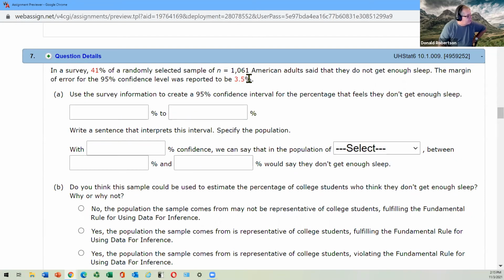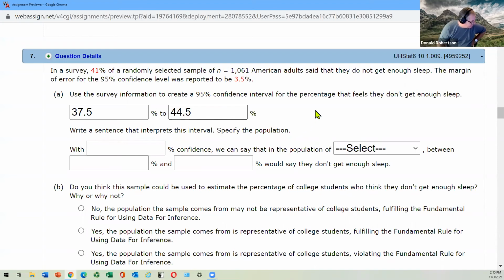Won't it be 41 take away that number, which is 37.5%, and it finishes at 44.5%. I just subtracted and added the margin of error to 41. So I didn't really have too much to do there.